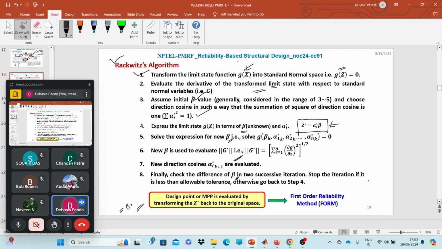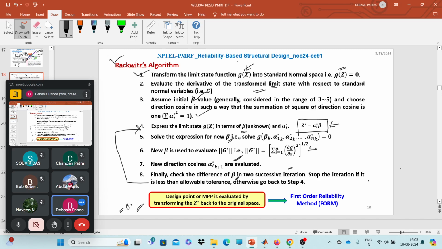Now once we solve for the new beta, we can find the new alphas. Again we find the new betas, and this iteration process will last until convergence is achieved. And for the convergence criteria, for two iterative betas you can set some convergence tolerance. So this algorithm for solving the first order reliability method is known as the Rackwitz algorithm.